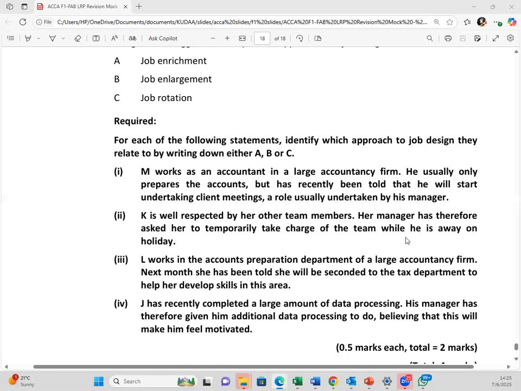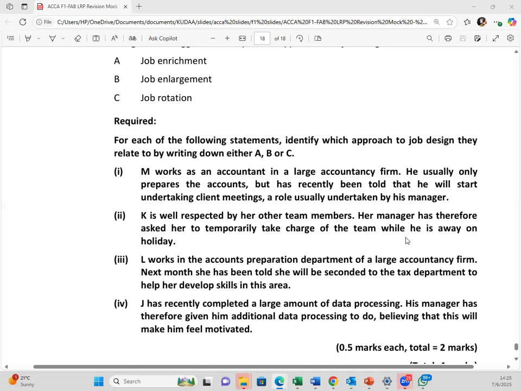Then Elle works in the accounts preparation department for a large accountants' firm. Next month, she has been told she will be seconded to the tax department to help her develop skills in this area. So she was in the accounting department. Now they are adding the tax to that as well.